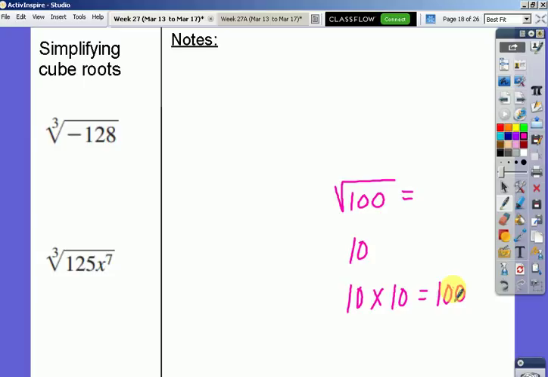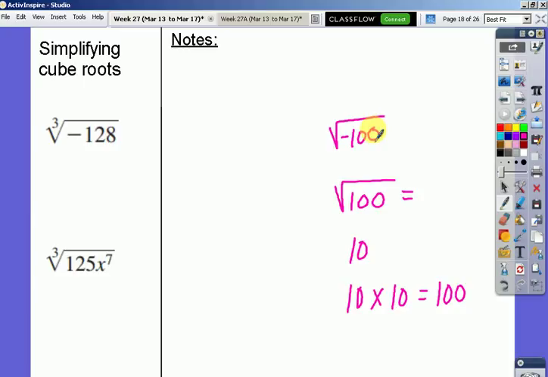Now, it gets tricky with negative numbers, because with square roots, of course, you're taking a number times itself. Right? Well, I can't take, for example, the square root of negative 100, because that's not going to be negative 10 times negative 10, because that's a positive 100. Okay? That's not going to be 10 times 10, because that's a positive 100.